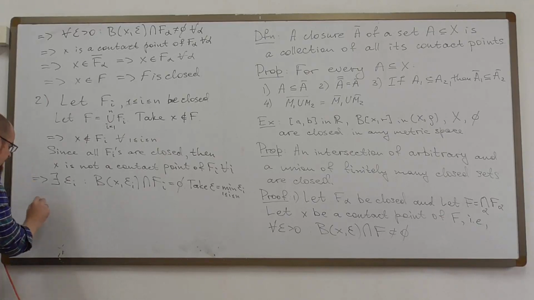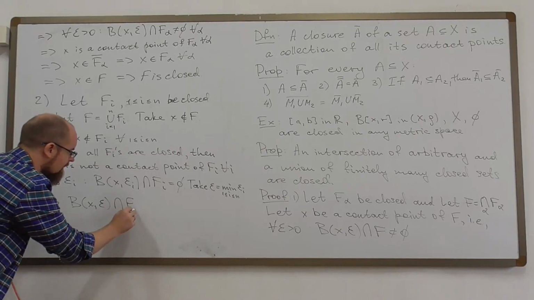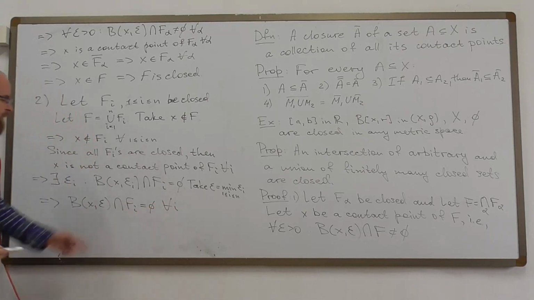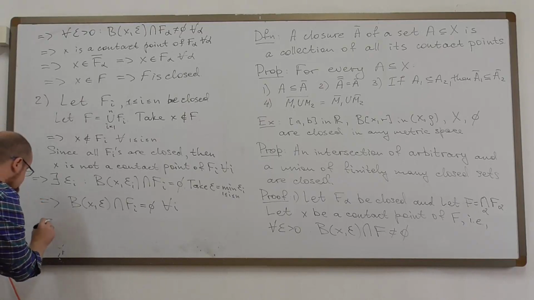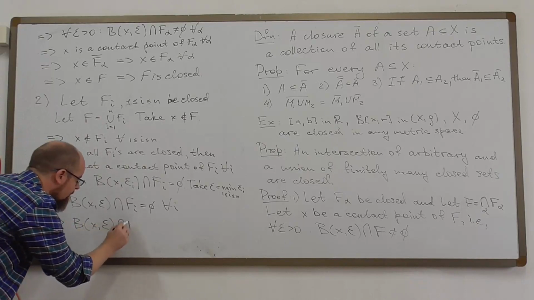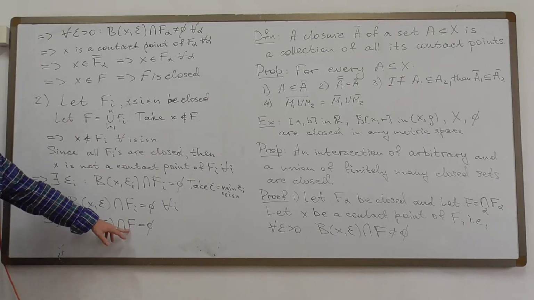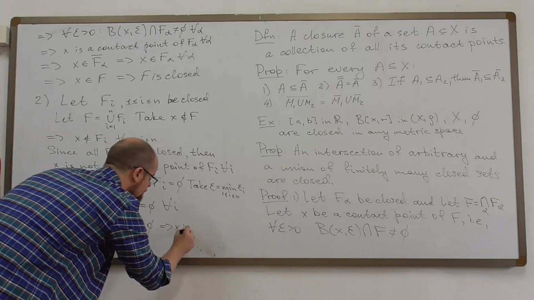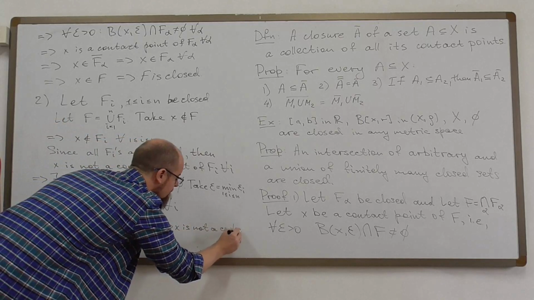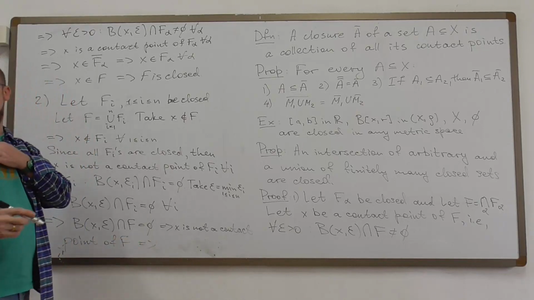By this construction, we have that a ball centered at X, radius epsilon, does not intersect Fi for any i, which means that it does not intersect F. So we have found a ball centered at X such that it does not contain points from F, which means that X is not a contact point. And so F is closed.